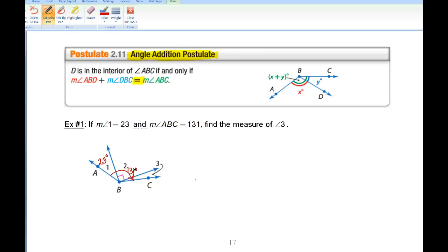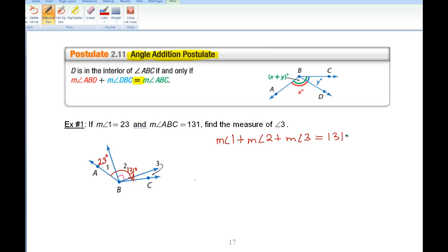So the measure of angle 1 plus the measure of angle 2 plus the measure of angle 3 all has to add up to 131. Angles 1, 2, and 3 all combined is 131 degrees.